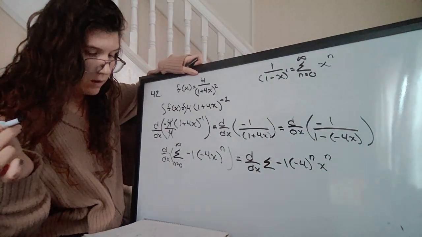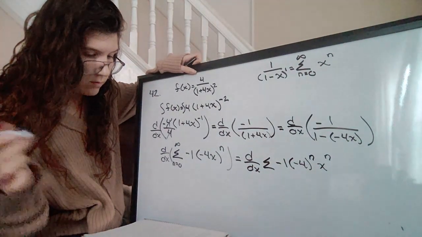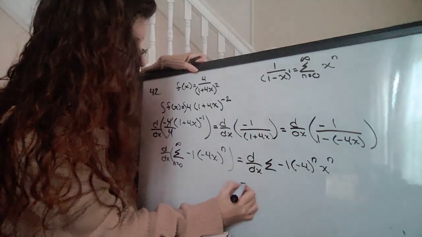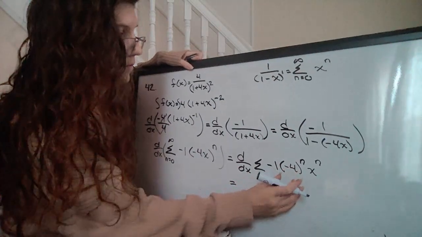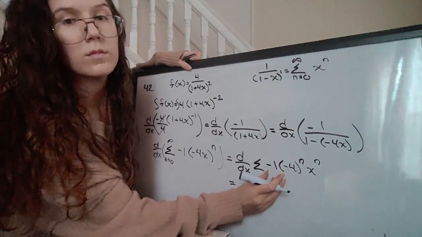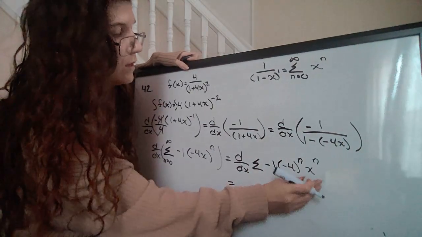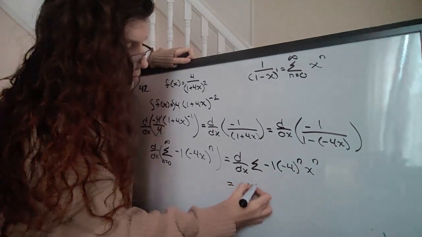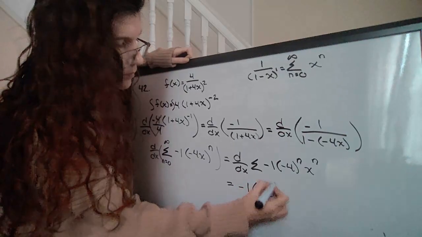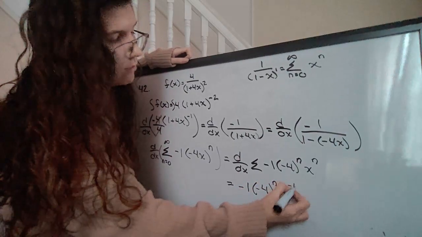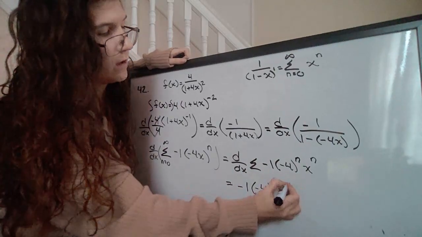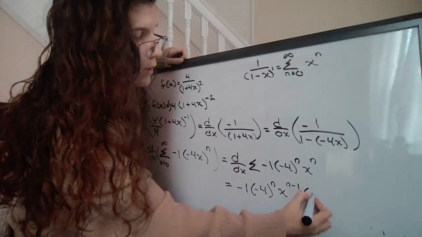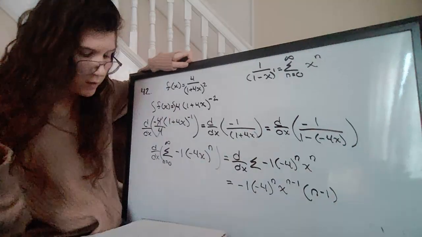All right, and then I shall take the derivative. This is a constant, this is a constant, and this is the thing I'm taking my derivative of. I need to subtract 1 from my exponent, and then I need to multiply by whatever that exponent was, n minus 1.